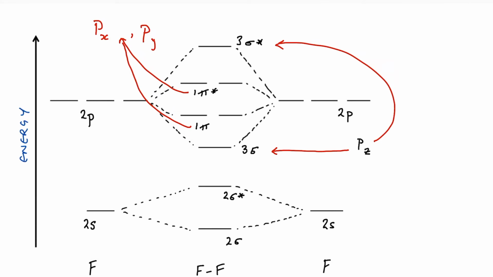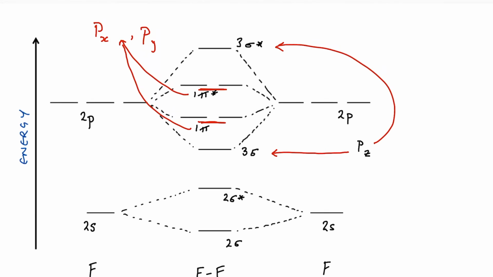So I've got 2 pi bonding orbitals here and 2 pi antibonding orbitals, and they're degenerate, they're of the same energy. It should also be noted that the interaction between 2 px orbitals or 2 py orbitals is less effective than the interaction between 2 pz orbitals. As a result, the 3 sigma and the 3 sigma antibonding are more and less stabilized compared to the pi bonding and antibonding orbitals.